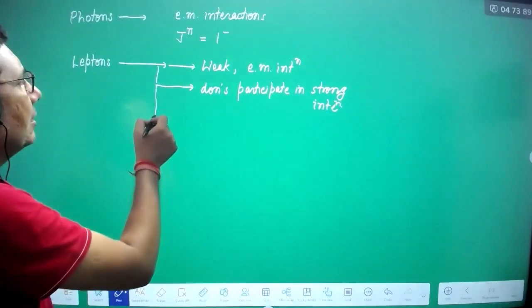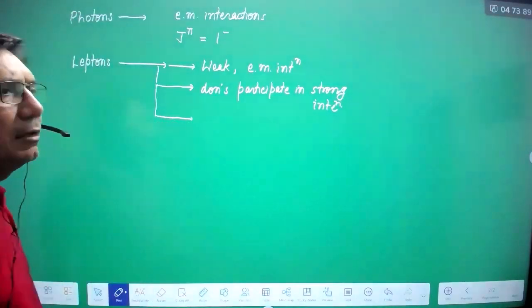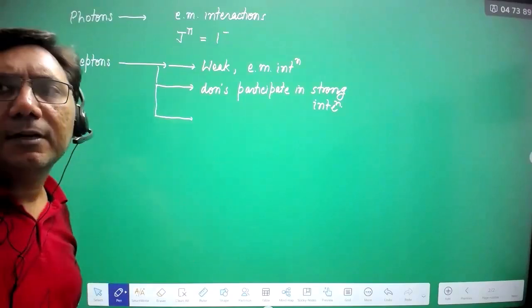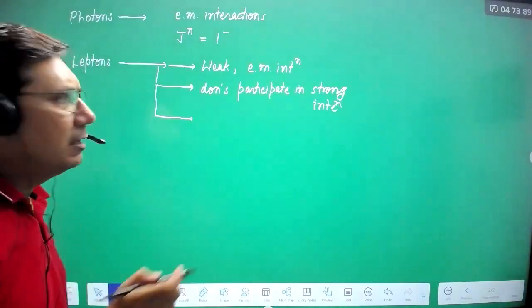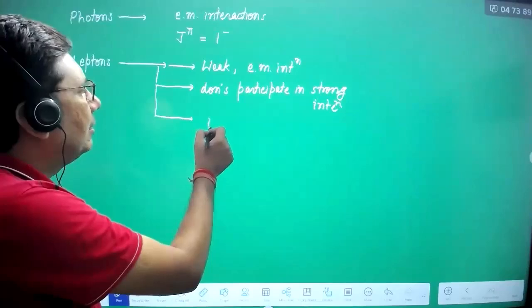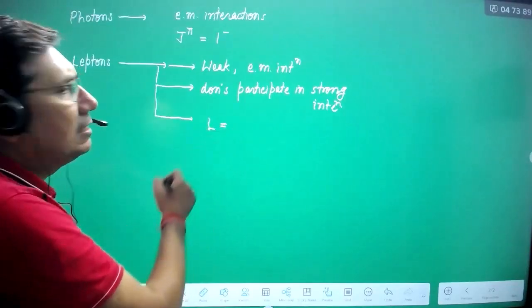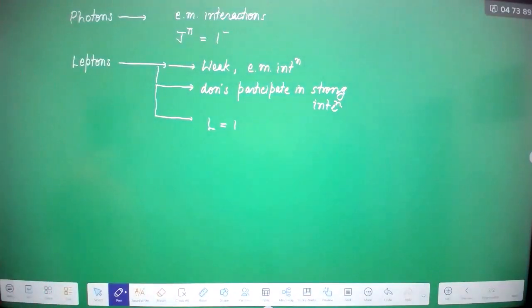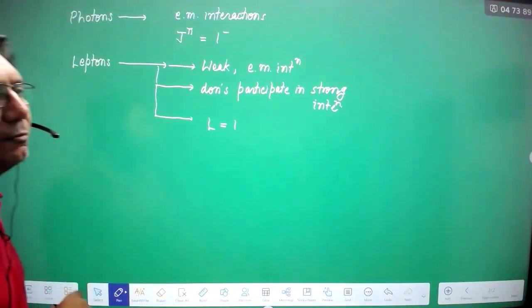Another important aspect is, because this is a category of particles, lepton, which is behaving in a distinguished way as compared to other particles, you have given a number to them that is called the lepton number. For all the leptons, lepton number is 1.